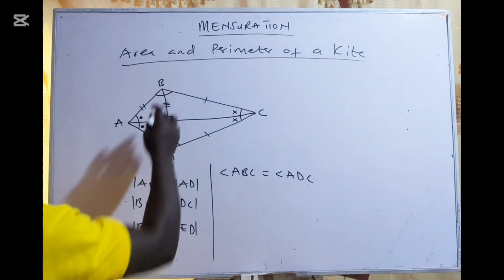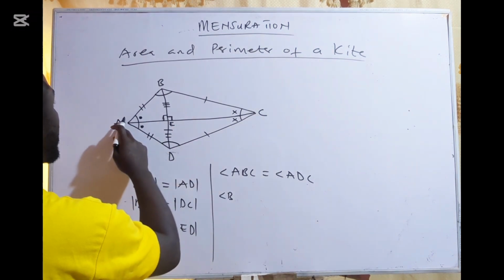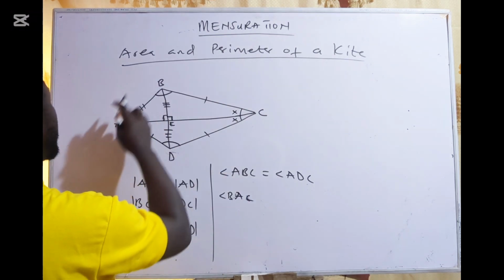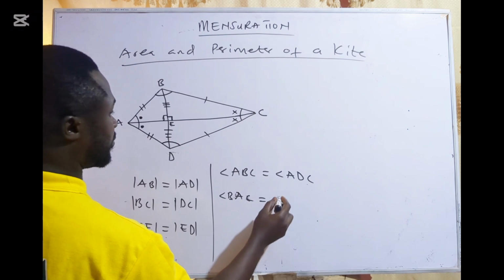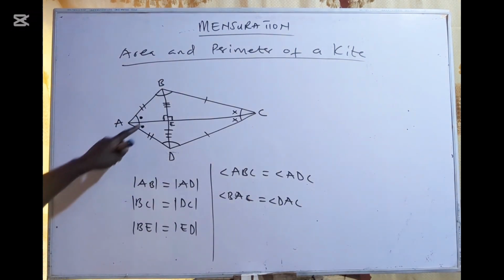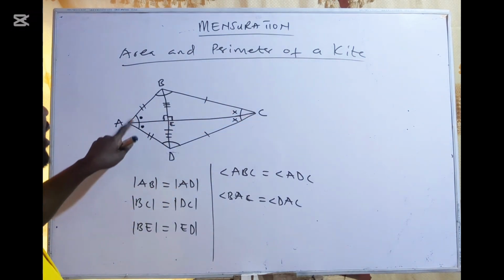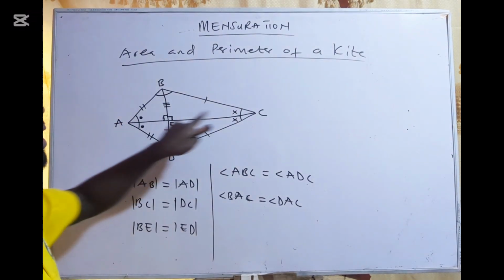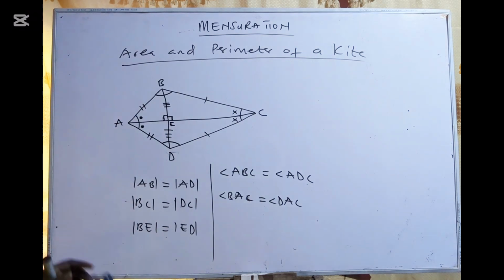So I can say that angle BAC is the same as angle DAC, because the diagonal divides the angle into two. Though the whole of this angle is not the same as the other one, whenever I draw a diagonal line, the angle is divided into two equal halves.